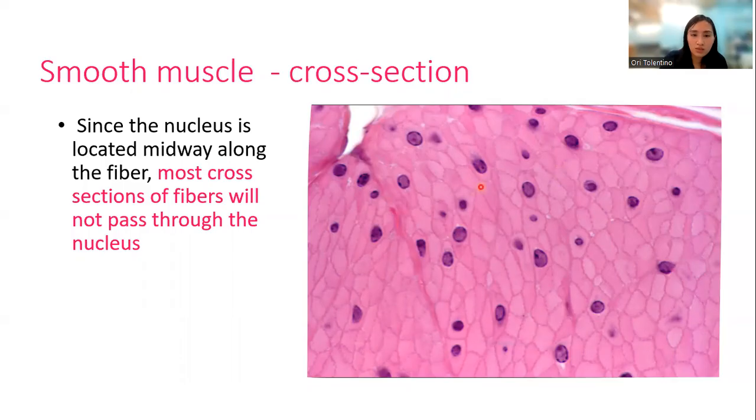So this is not the middle of this cell, this is not the middle of this cell, but this is the middle of this cell. And in the middle of each fiber, you can see the individual nucleus. This is a single nucleus. Most cross sections of the fibers will not pass through the nucleus because they are arranged this way.